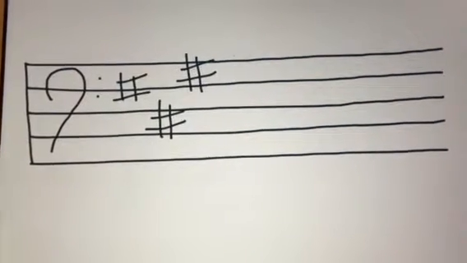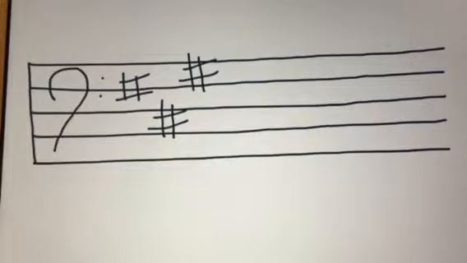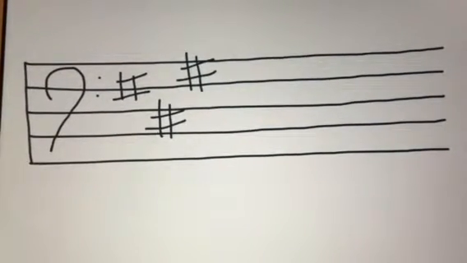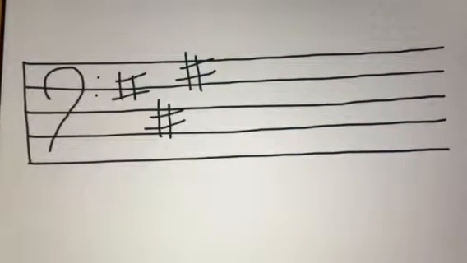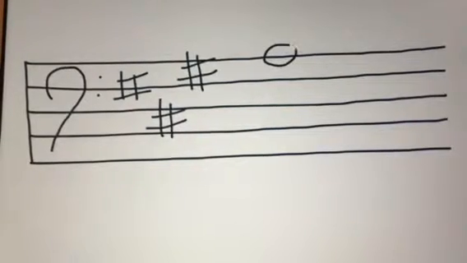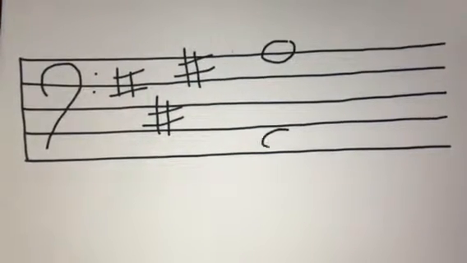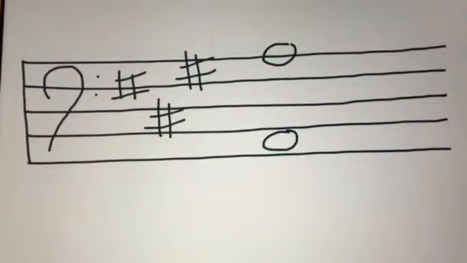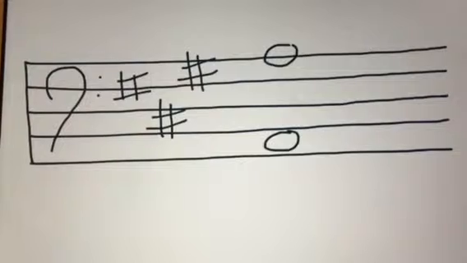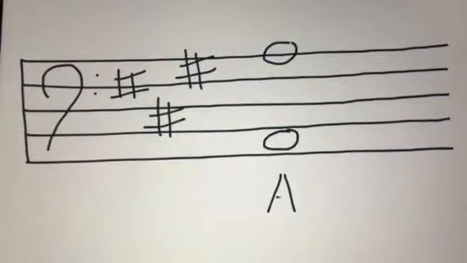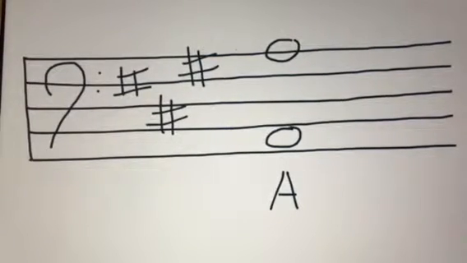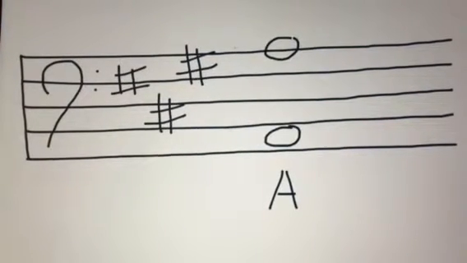Let's try the key of A major. There are three sharps in the key signature. I find do, and I determine that do is the letter A. I look at the key signature to see if one of these sharps is named A also.